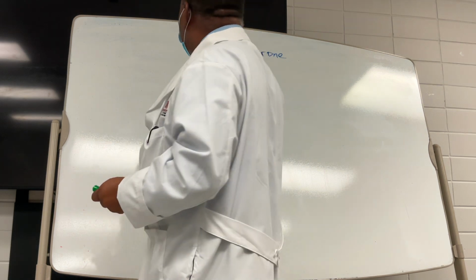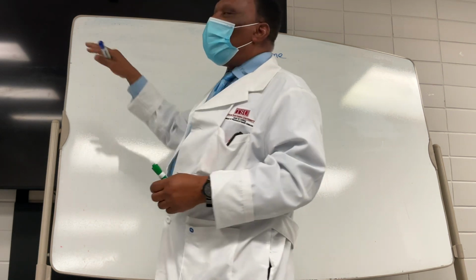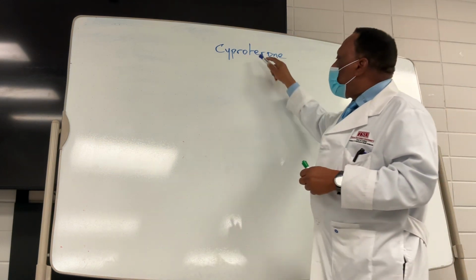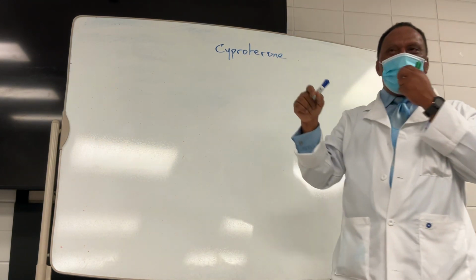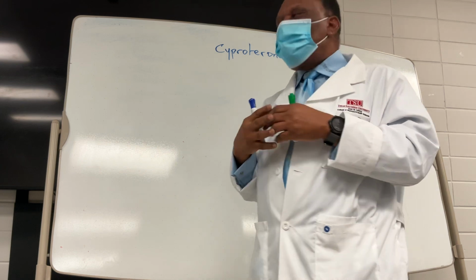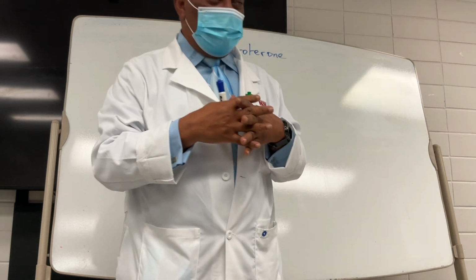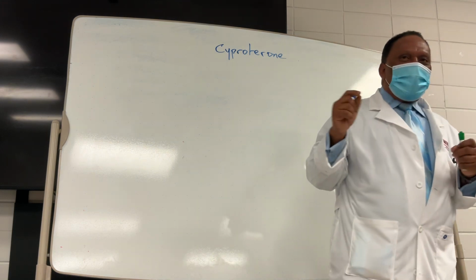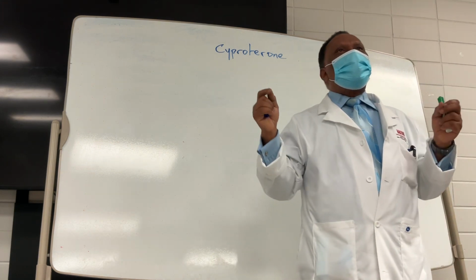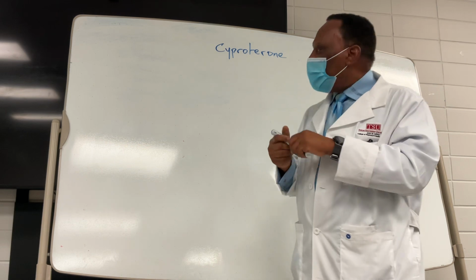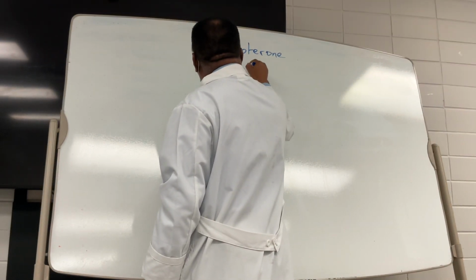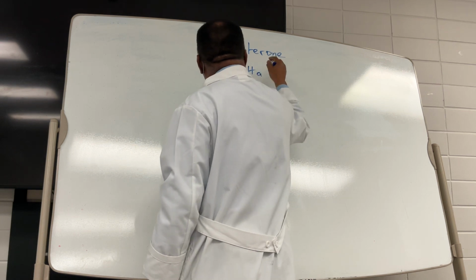So we have abiraterone, we have cyproterone, but they do work differently. Okay. Cyproterone will antagonize your androgens at the receptor site. That's where it would work. Unlike abiraterone, which will inhibit your 17-alpha hydroxylase.